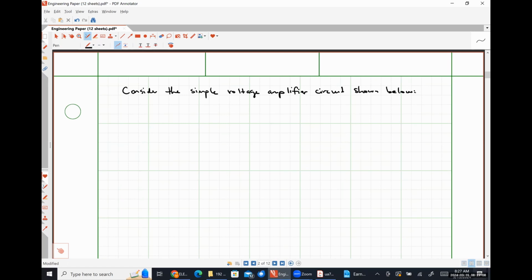So I'm going to put my amplifier here in roughly the middle. And for now, we're still going to just leave it as a black box.